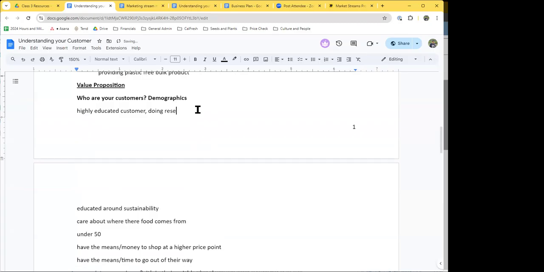Also, there are so many universities in San Diego that in almost any part of the county you might encounter a student demographic, or you could pursue that demographic if you wanted it to be part of your customer base.